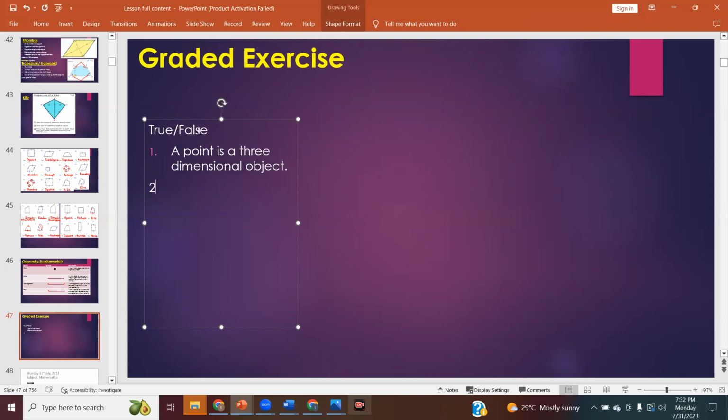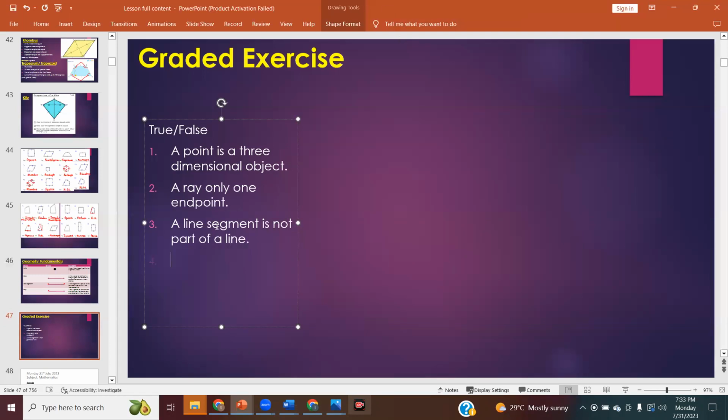Number two: a line segment, like a ray, only has one endpoint. True or false. Number three: the line segment is not part of a line.